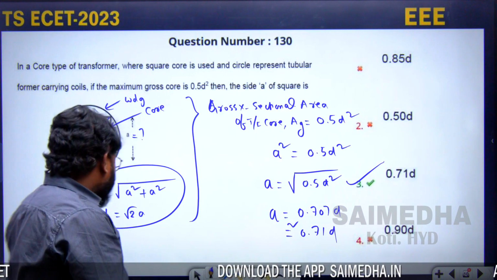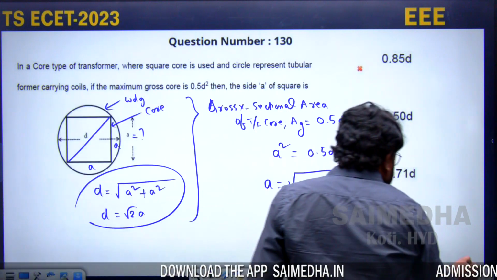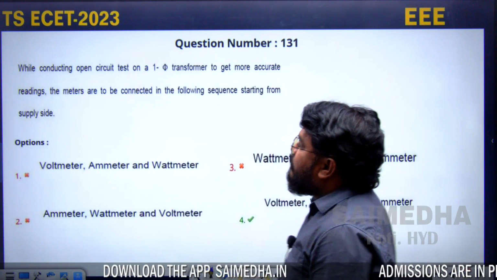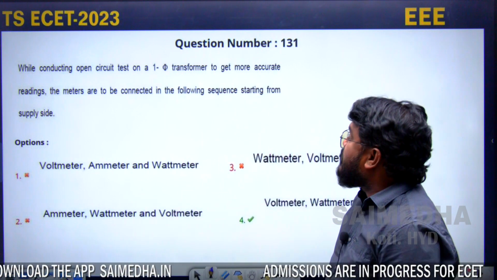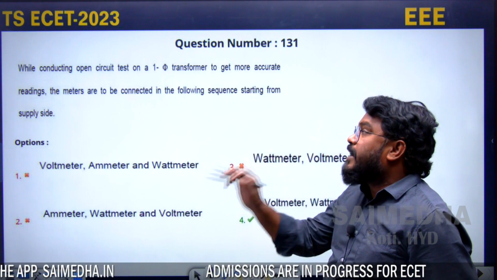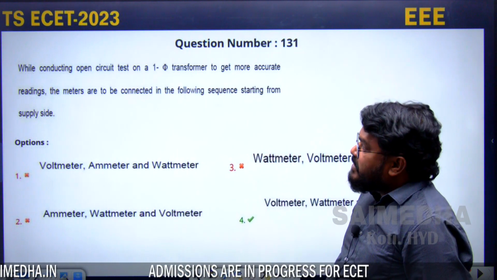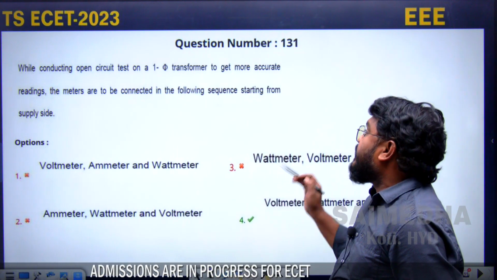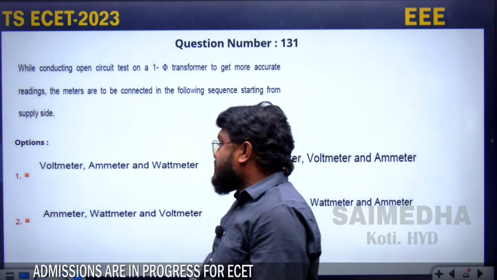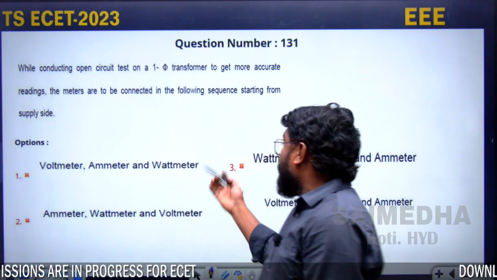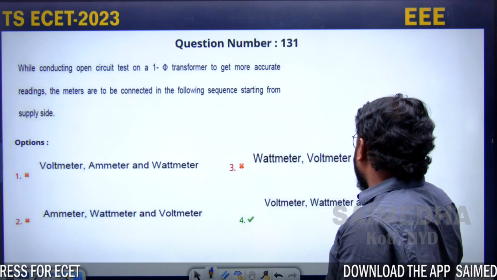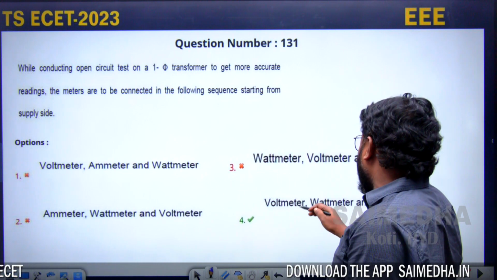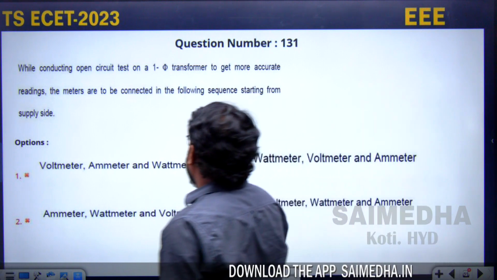Got it? And next one, let us solve question number 131. While conducting open circuit test on a single phase transformer, to get more accurate readings, the meters are to be connected in the following sequence from the supply: voltmeter, ammeter, wattmeter; ammeter, wattmeter and voltmeter; wattmeter, voltmeter and ammeter; voltmeter, ammeter, wattmeter and ammeter.